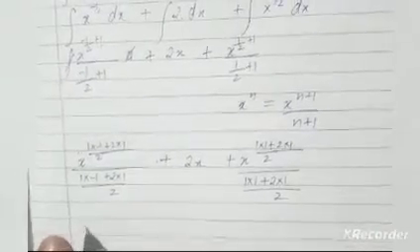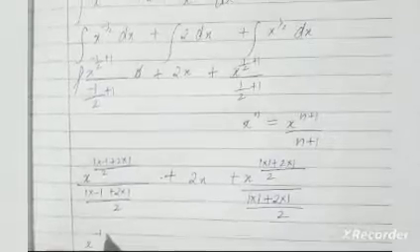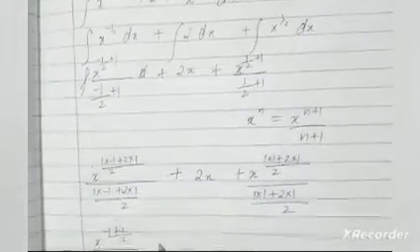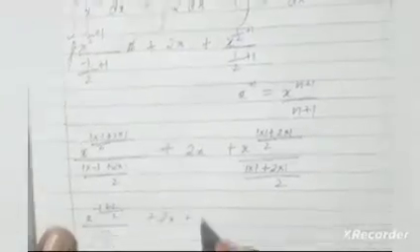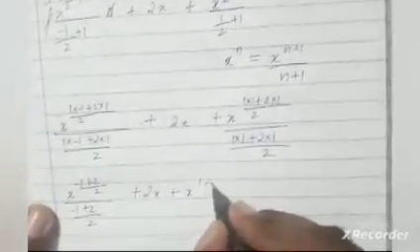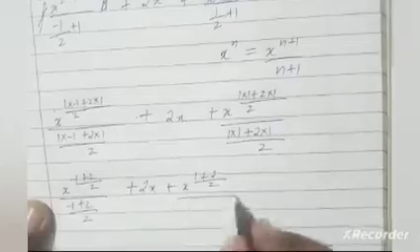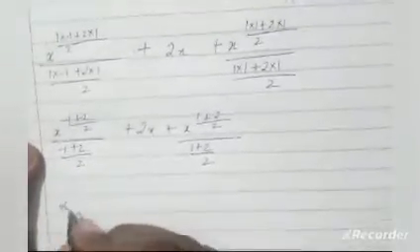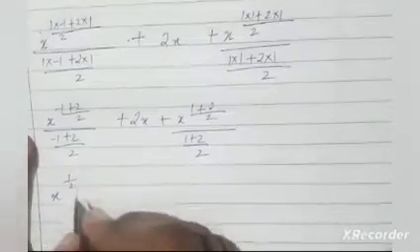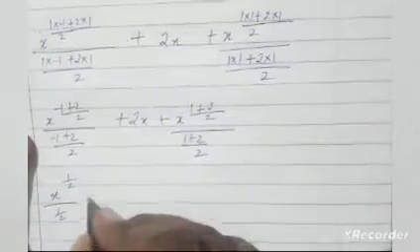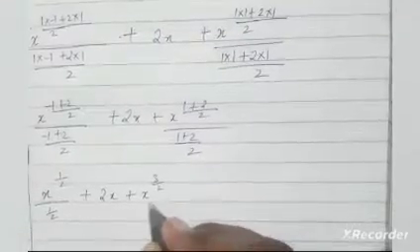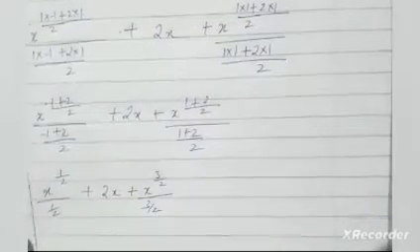Then x raised to (minus 1 plus 2)/2 over (minus 1 plus 2)/2, plus 2x plus x raised to (1 plus 2)/2 divided by (1 plus 2)/2. Then x raised to 1/2 plus 2x plus x raised to 3/2 by 3/2.